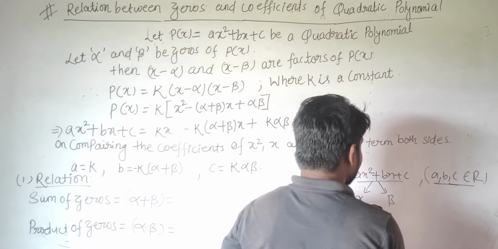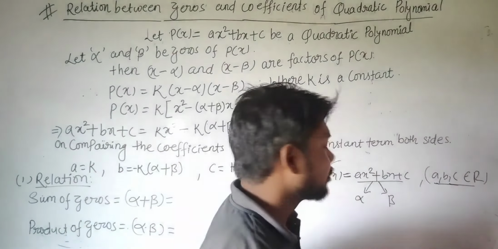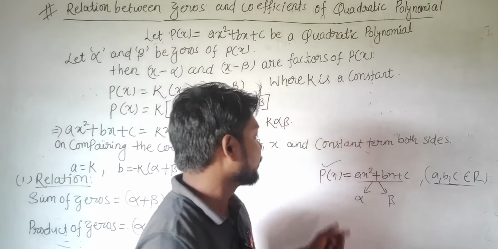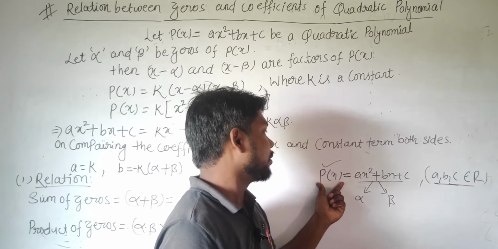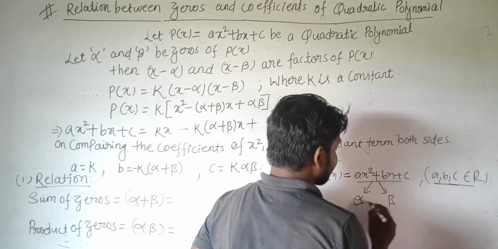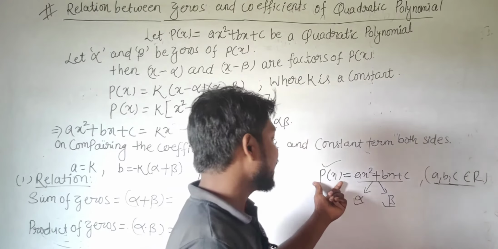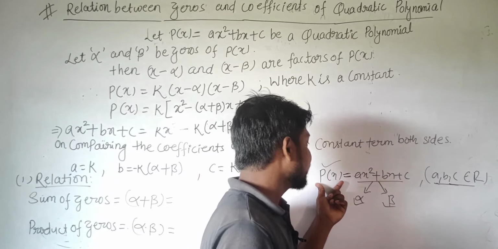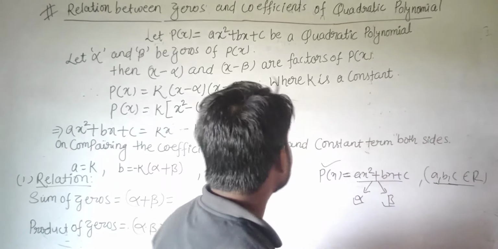So we considered them as alpha and beta, and a zero is the value for which this polynomial becomes zero. So I have considered alpha and beta to be two zeros of this polynomial p of x. For these, this quadratic polynomial will become equal to 0.